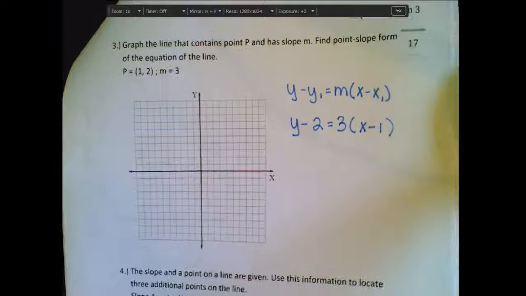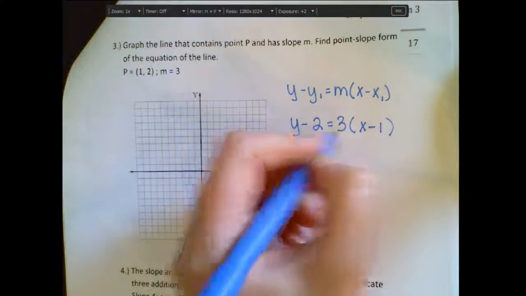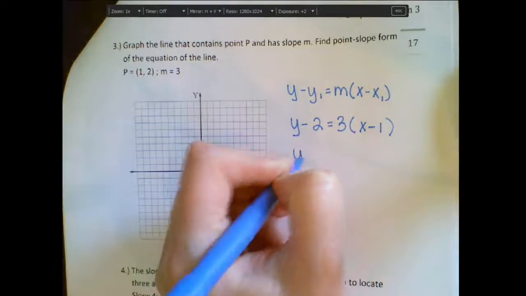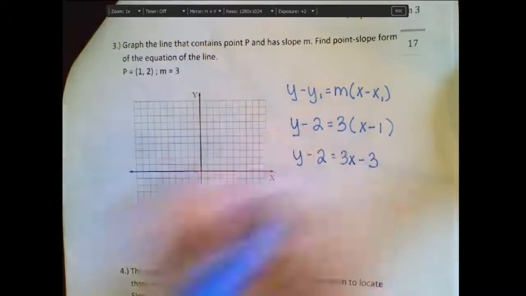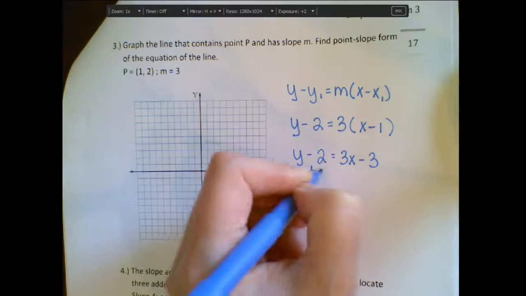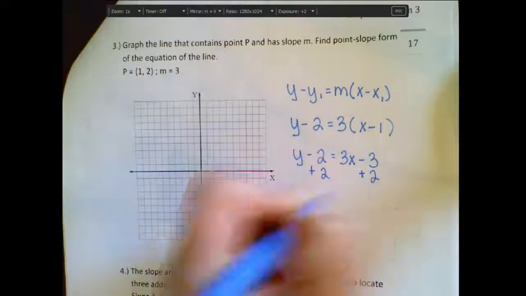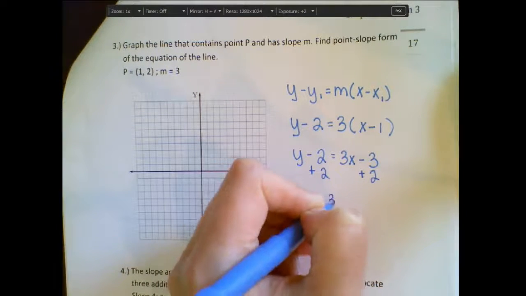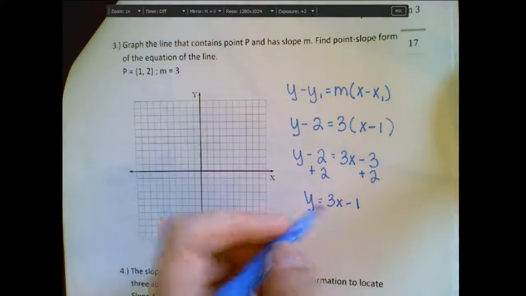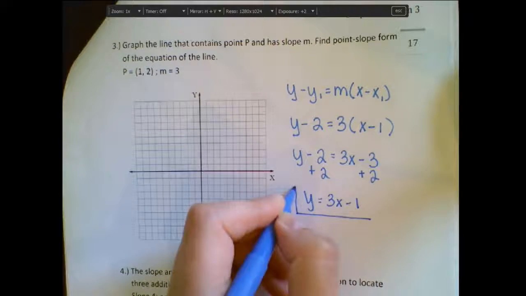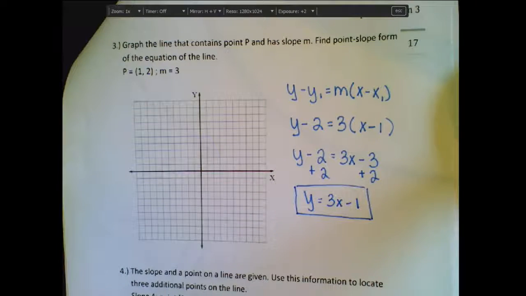I need to distribute, simplify, combine all my like terms. So I'm going to distribute: y minus 2 equals 3x minus 3. Combine like terms. Y equals 3x minus 1. And this would be our line.